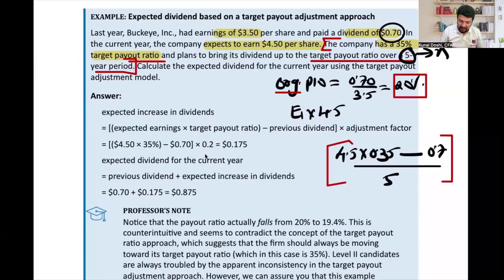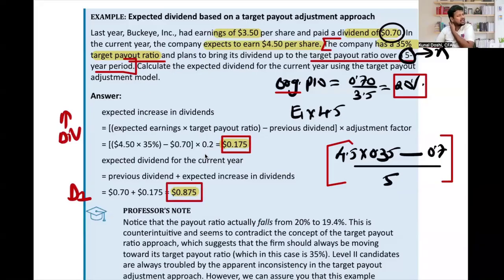So 4.5 into 0.35 is 1.57, minus 0.7, divided by 5, that is 0.175, which should be the increase in the dividend from last year. Last year was 0.7 plus this, that's going to be my D1. So this is my expected dividend D1, and this is my increase in the dividends. Understood this formula, everyone?